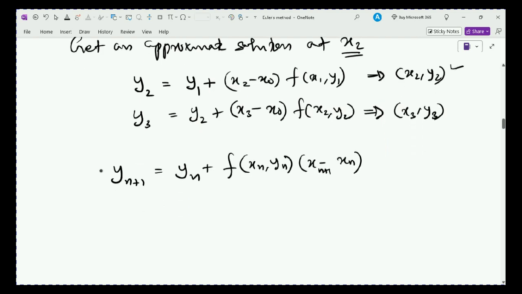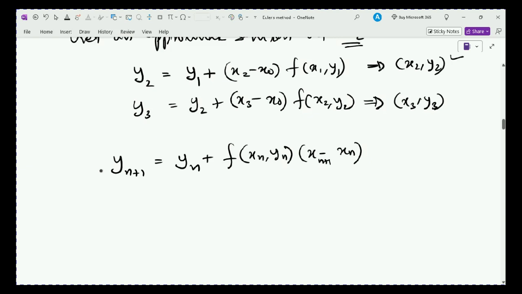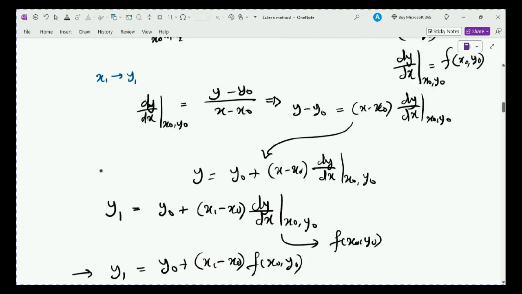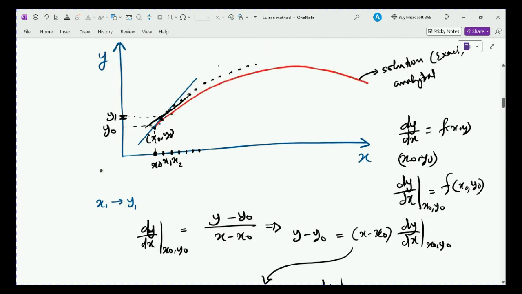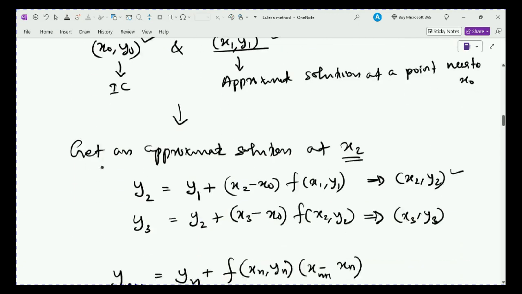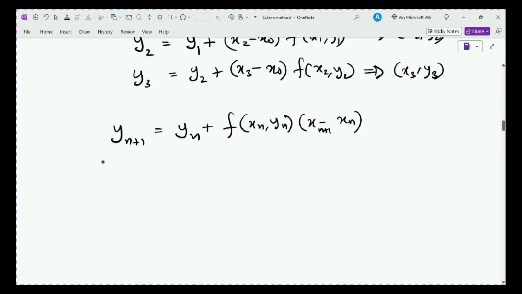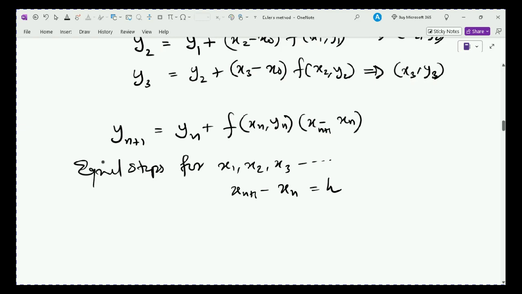Okay, so now we can choose our own x1, x2, x3, like that. What is the easy method to choose x1, x2, x3? We can take equal steps. If you take equal steps for x1, x2, x3, etc., we can call xn plus 1 minus xn equal to h.